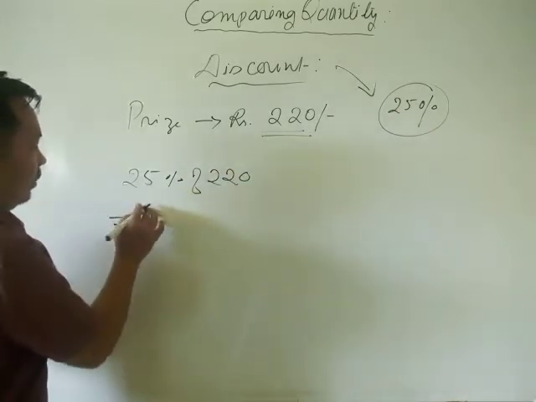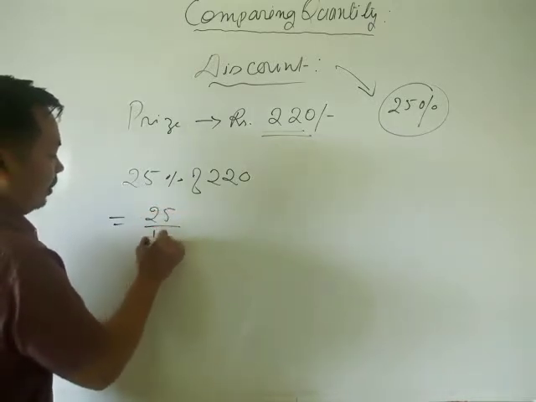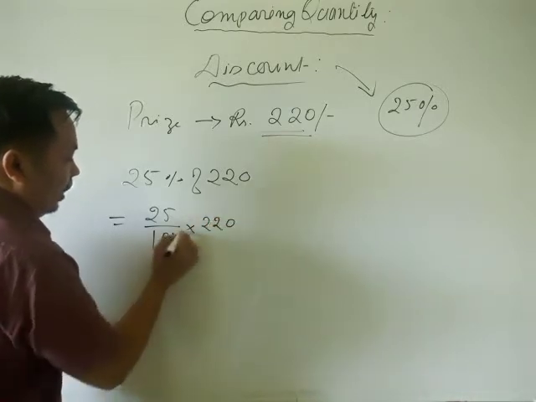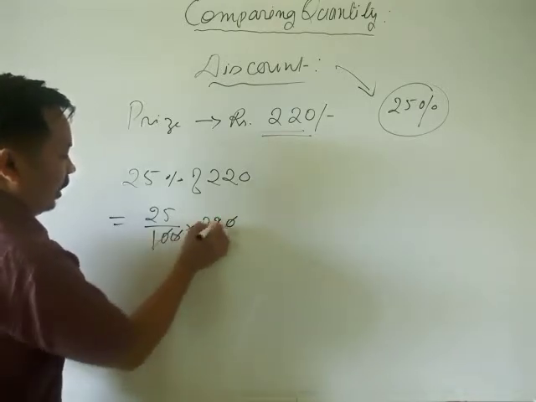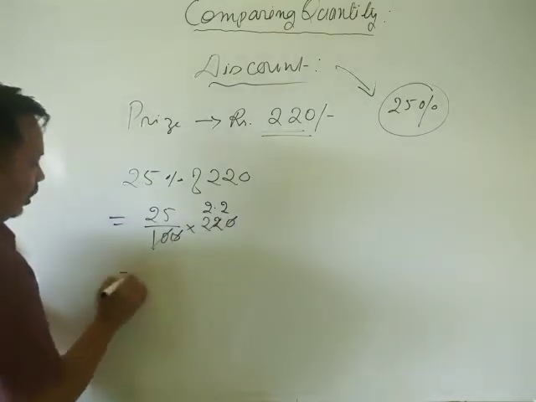You see here, 25% of 220 means 25 by 100 into 220. Then this one will get 2.2, so multiply 25 by 2.2. How much do you get here?